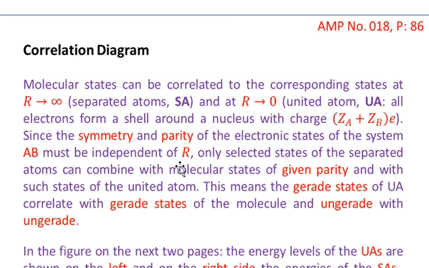So AB must be independent of R. Only selected states of the separated atoms can combine with the molecular states of the given parity and with the states of the united atoms. This means that the gerade states of the united atoms correlate with the gerade states of the molecule, and the ungerade will correlate with the ungerade states of the molecule.